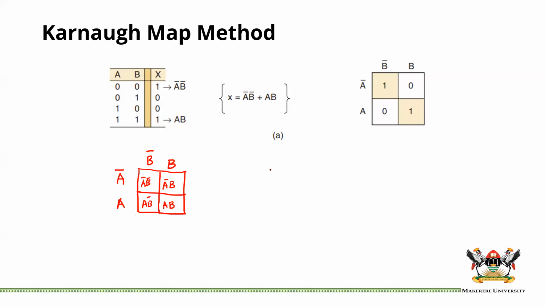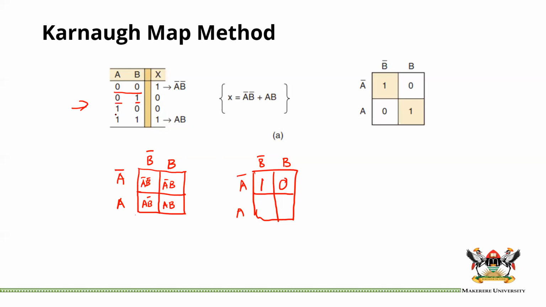So if I can redraw the same truth table here, and I have A inverse, B inverse, and B, and then I have my truth table, I can come and find, okay, A inverse, B inverse is a 1, so I put a 1 here. A is a 0, B is a 1, so that's A inverse B, which is here, that's a 0.